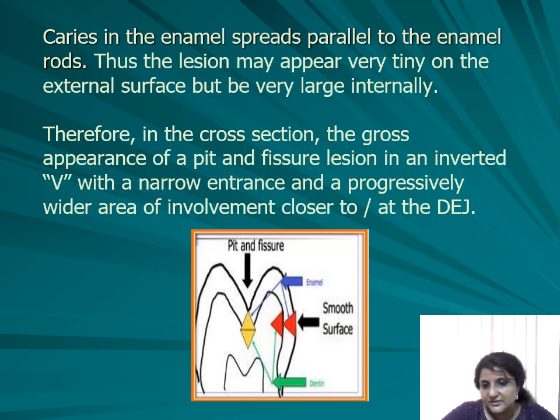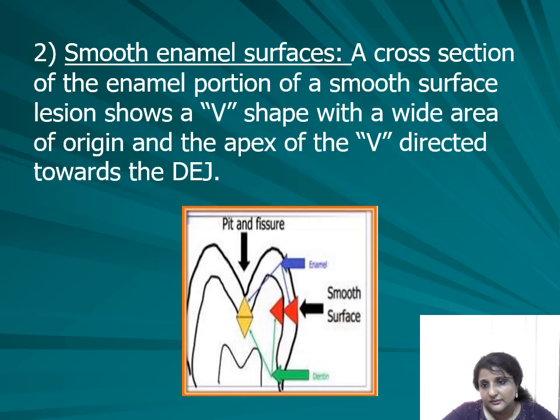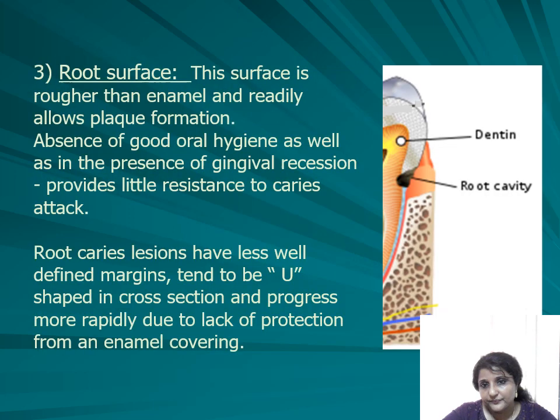Whereas on the proximal surface, because the enamel rods are placed like this and their direction is towards the apical area, as it comes like this, it appears as a V. Once it reaches the dentino-enamel junction, it spreads laterally and again forms a V. Now when we come to the root surface, because it's on the cementum, the shape in the cementum is a U shape, as we can see here.